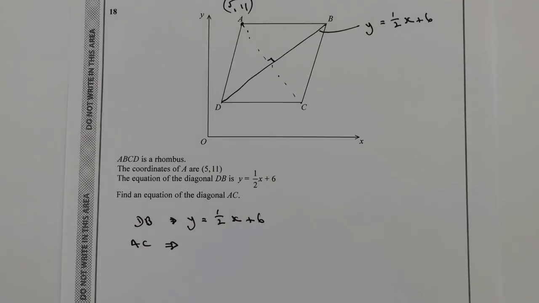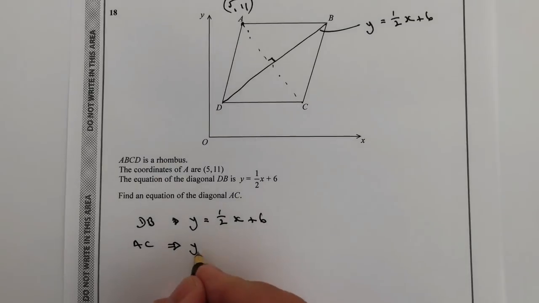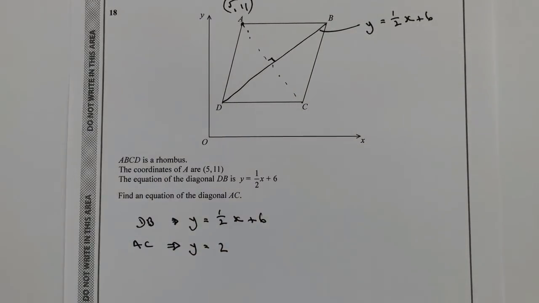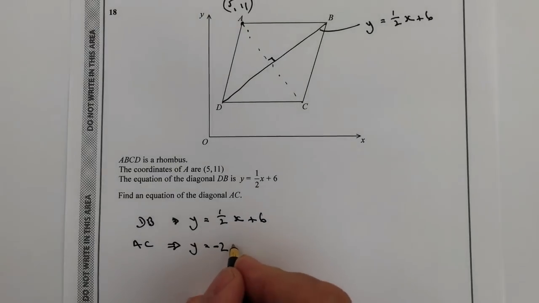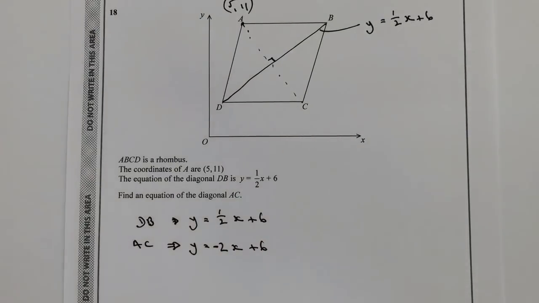Now, there are a couple of different ways of doing this, but the way I do it is I say the reciprocal of a half is going to be 2, and it's the negative reciprocal, so it's minus 2x plus 6.